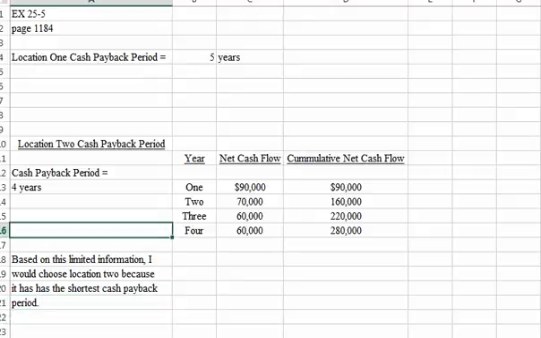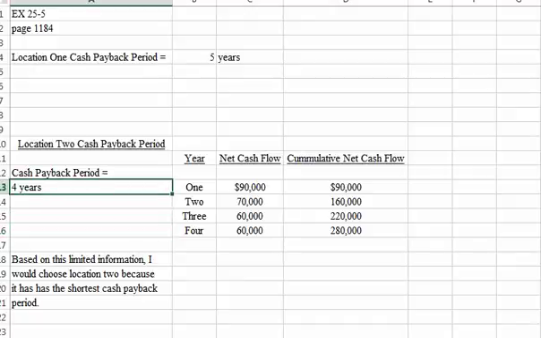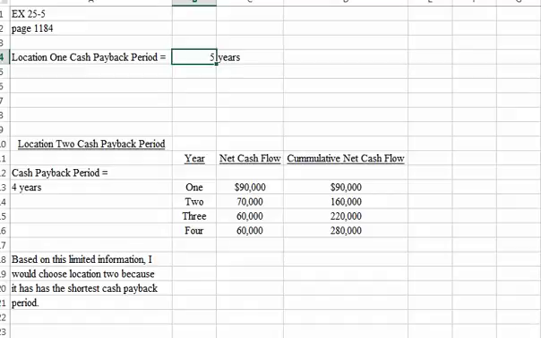Note, as you already have, I'm sure, cash payback period on location 2 is 4 years. Location 1, 5 years. You want to pick the one with the shortest cash payback period.